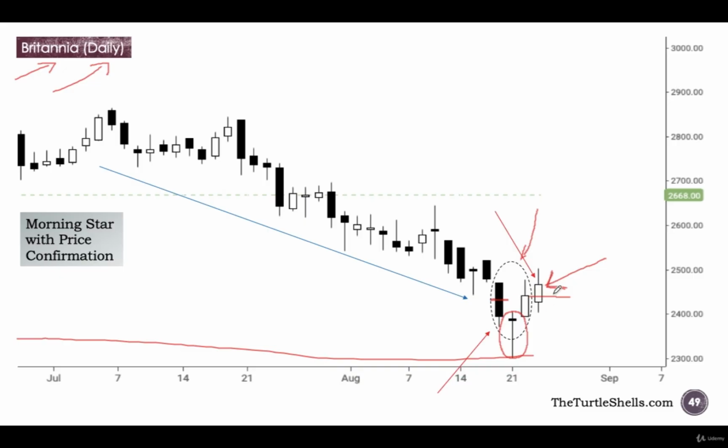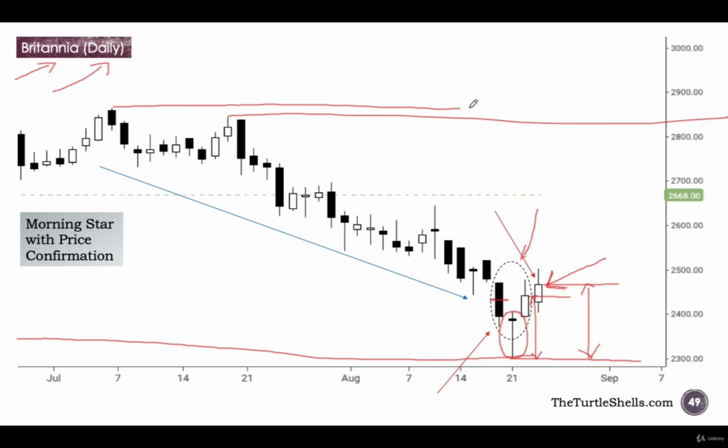So my reward to risk ratio decreases because my stop loss is here, and if this was my risk, now my risk has increased because I am buying at a higher price. But the reward remains the same, which is this resistance or this resistance. So that's a resistance zone. So the reward remains the same. Reward in fact decreases for this because I am increasing my risk.